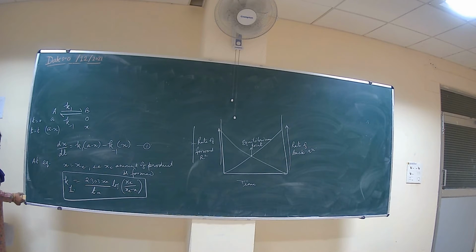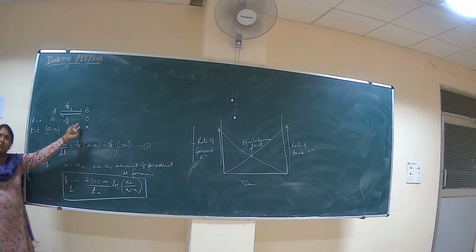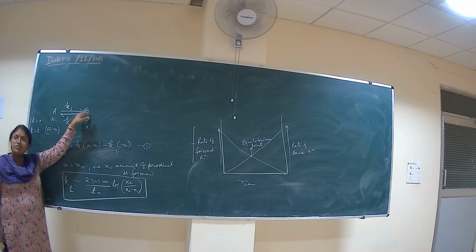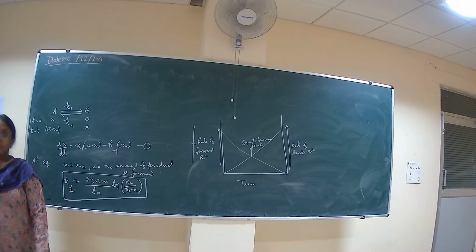Now here also we assume the steady state approximation, that is, the rate of formation of B is equal to the rate of disappearance of B, because B जो है वो हमारी क्या हो जाएगी, it is the intermediate state. Okay. Now next we have the parallel reaction.